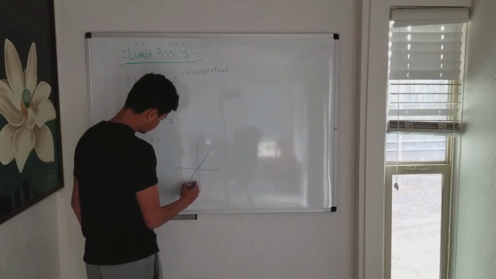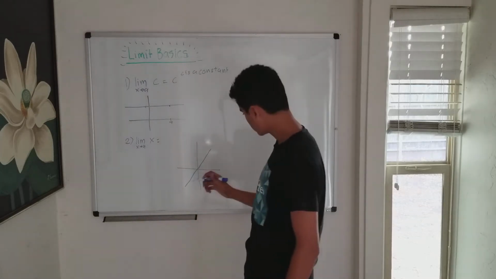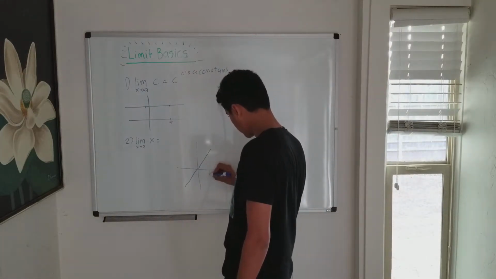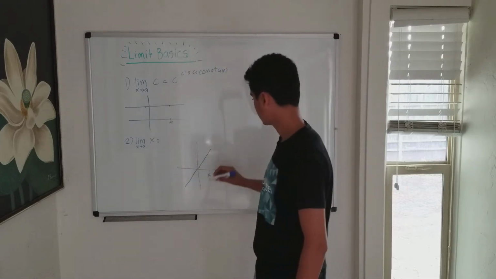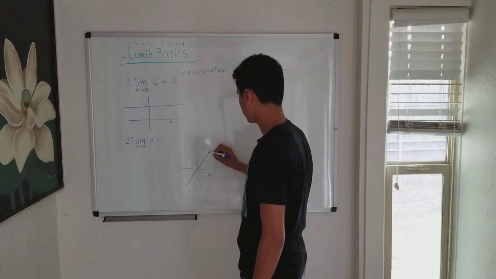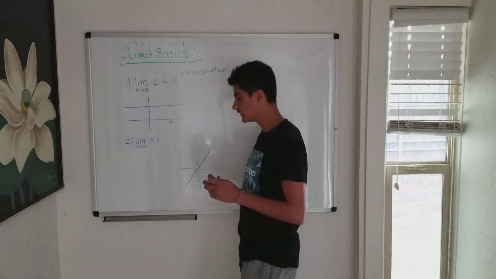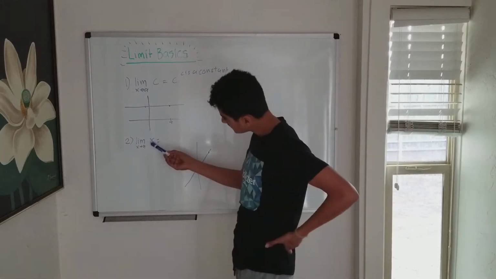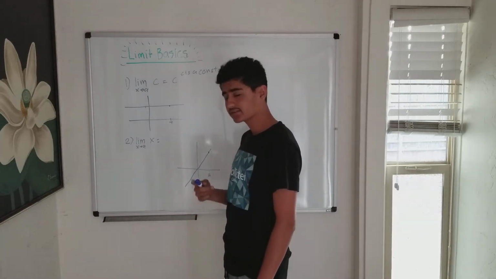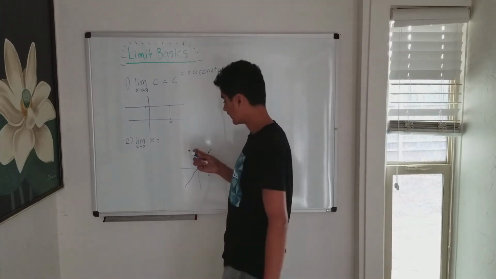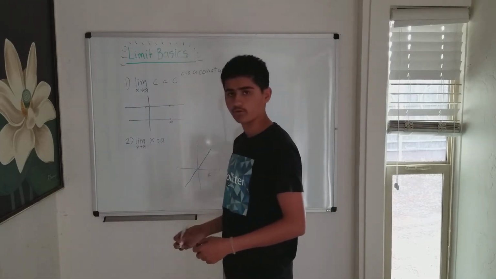So if our function looks something like this, and let's say x is approaching an arbitrary point a, so let's say this random point here is going to be a. Simply said, since x is approaching a and we're taking the limit of x, the value is going to be a itself, just because our x is approaching a.